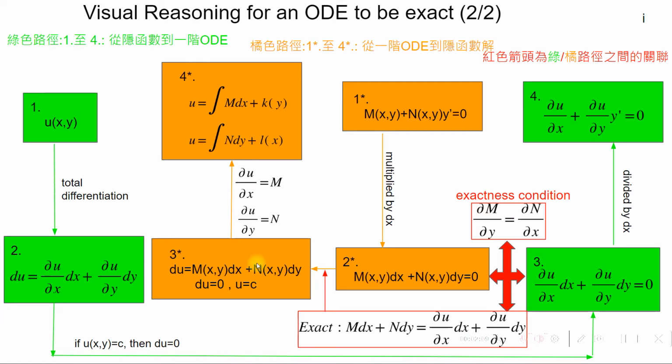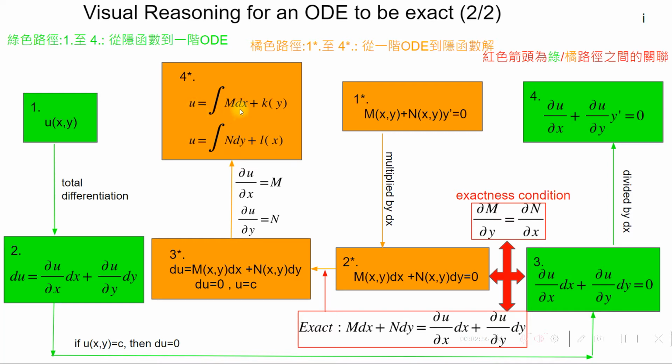Now we want to solve u by inspection, because m is equal to partial u over partial x, n is equal to partial u over partial y. So by taking integral of m with respect to x, we can solve u.